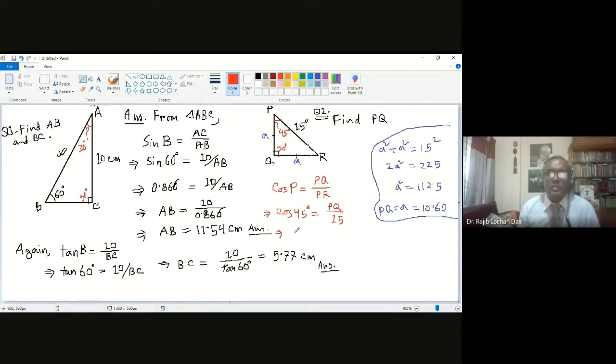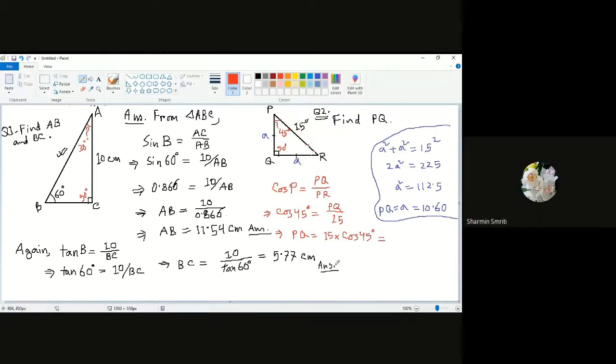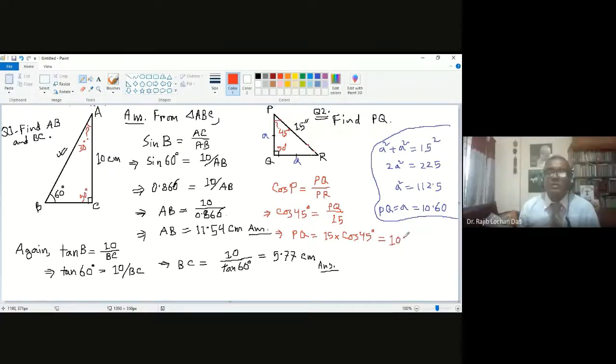So PQ will be 15 into cos 45. Is this the same answer? Yes, sir. It has to be the same, 10.6 inches. This is the side.